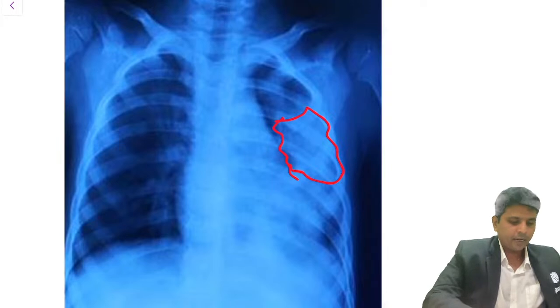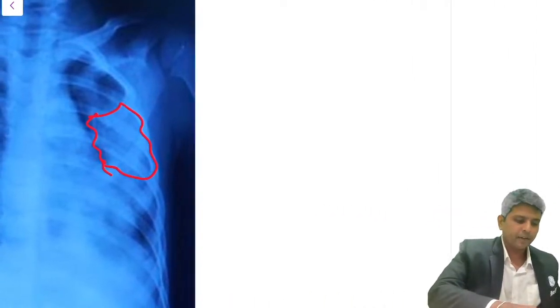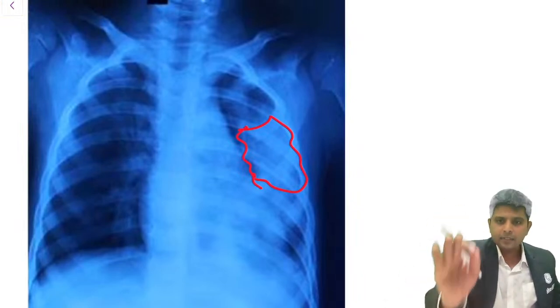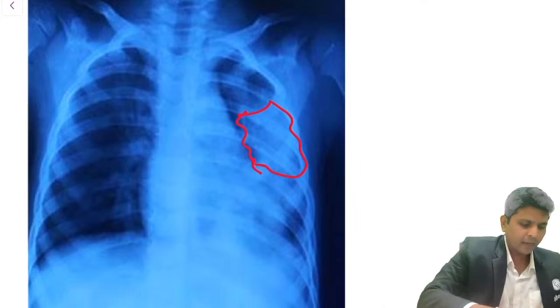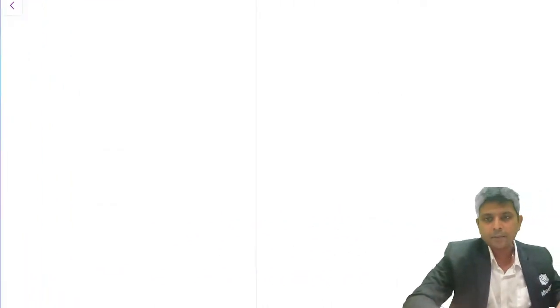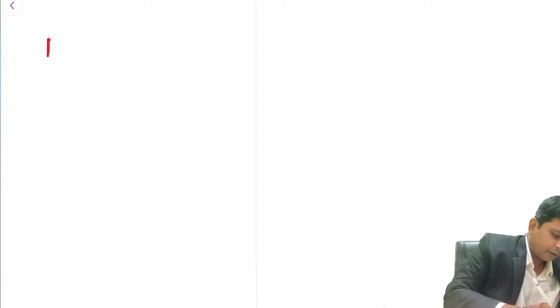Okay, let me give you a simple discussion. When you need to suspect pulmonary TB, you are seeing a consolidation occupying the left upper lobe. So when do you need to consider a case for TB?